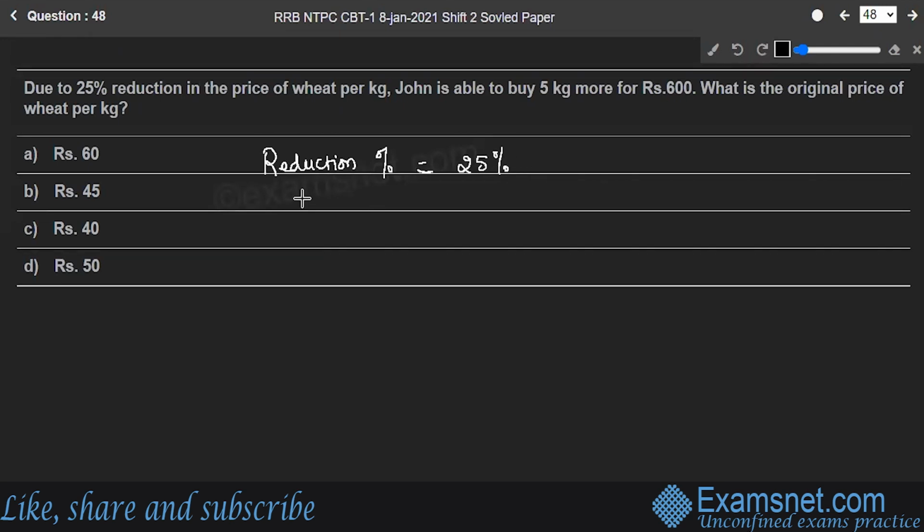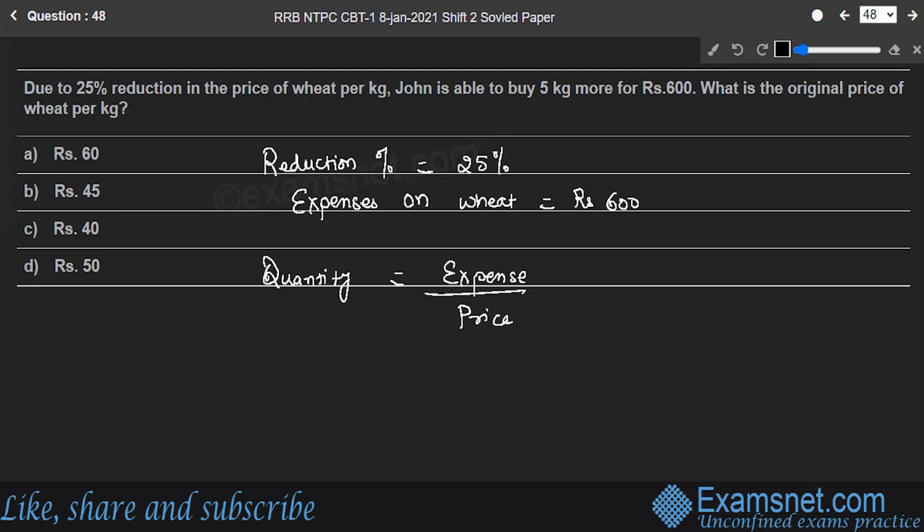Then expenses on wheat is rupees 600. Now you know one thing, expenses is equal to price into quantity, or quantity is equal to expense over price.